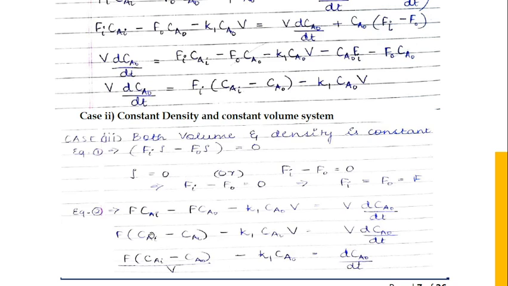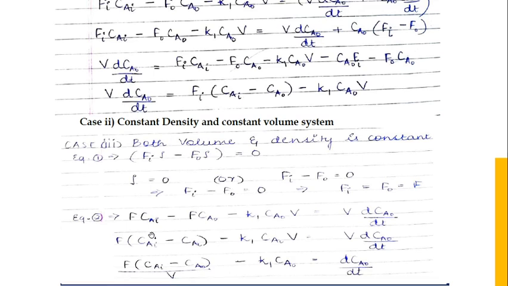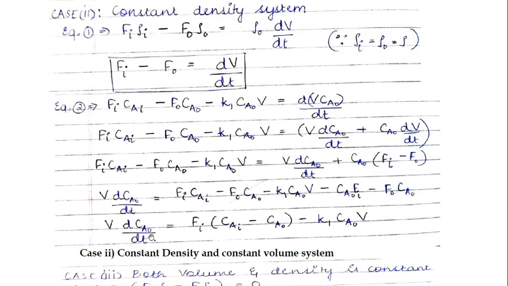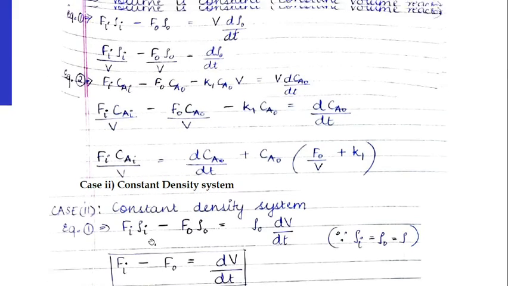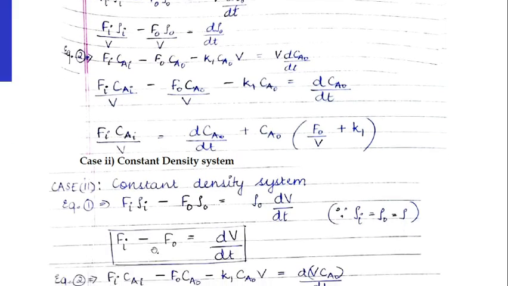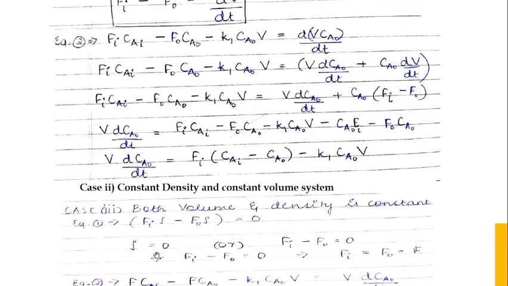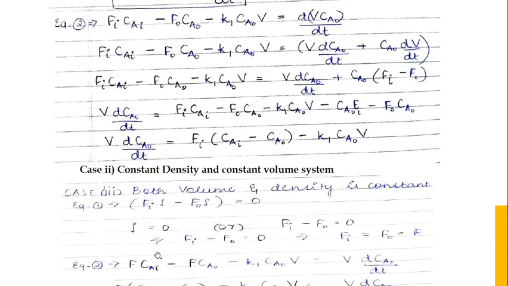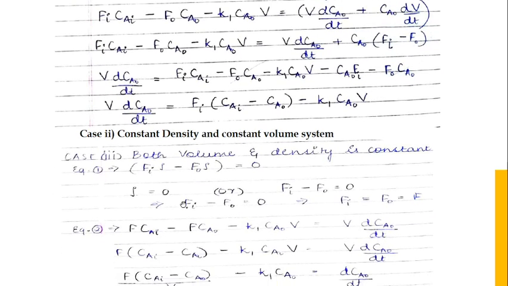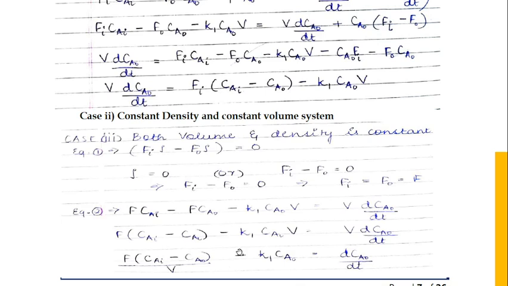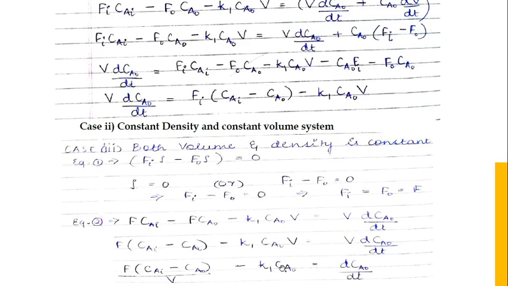So we have developed the model equation for the unsteady state case, considering three different things. One, we have considered constant volume, we have considered constant density, and we have considered the constant density and constant volume case, and for all these cases we have considered a first order rate equation. In this particular rate equation, you can see here k1 CA, only this particular term changes if we change the order of the reaction.